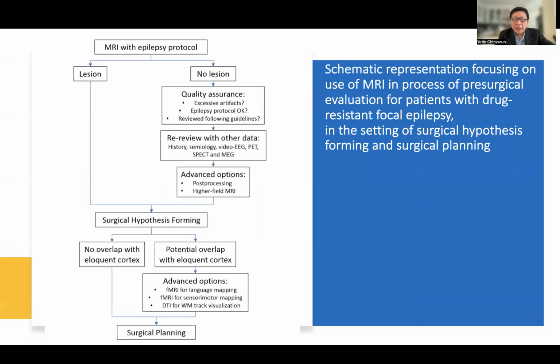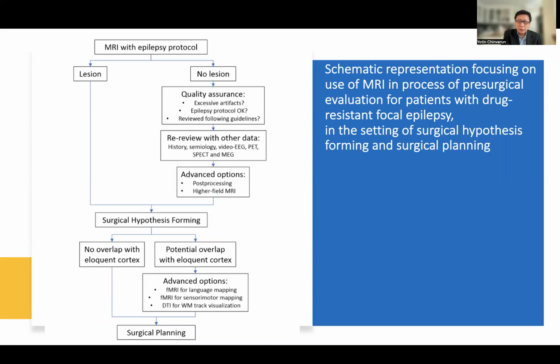So when we get the MRI scan done, we need to see whether it shows a lesion or no lesion. If there's no lesion, you have to check the quality of the MRI scan. You have to detect whether the MRI scan has a lot of artifact and is not good quality, and whether it was done with the proper harmonized protocol.